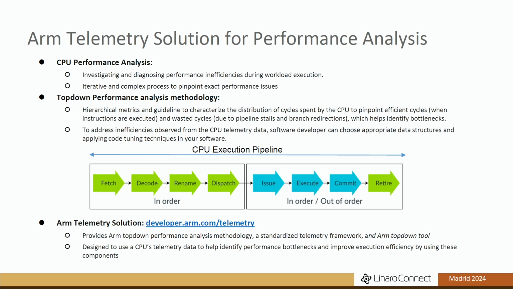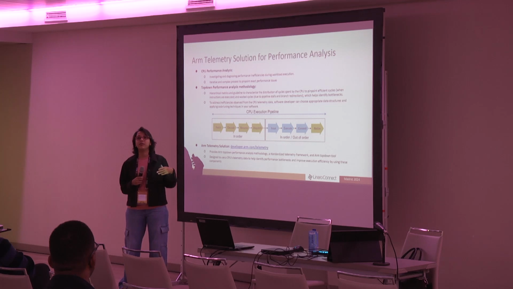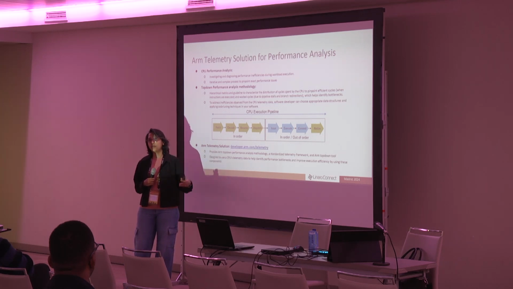So for this, there is actually an industry-proven technique called top-down methodology, which came out of an ISPAS paper in 2014. The idea is that we look at a CPU execution pipeline where you have already established or you are actually looking into your compute performance, but there is a requirement for a technique to understand how you go about understanding whether you are getting the best value out of the hardware, whether your pipelines are efficiently executing, do you have stalls, and then how do you connect that information to actually optimize your code.